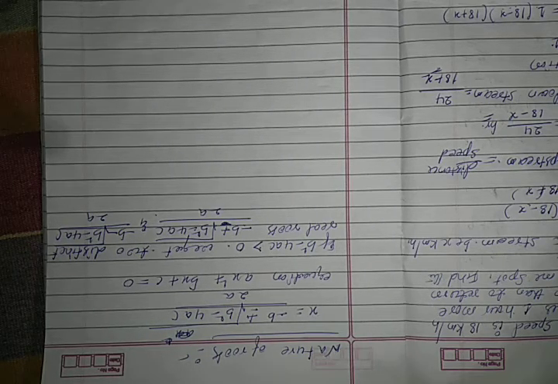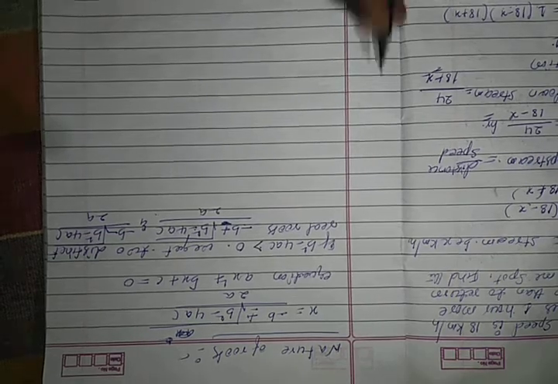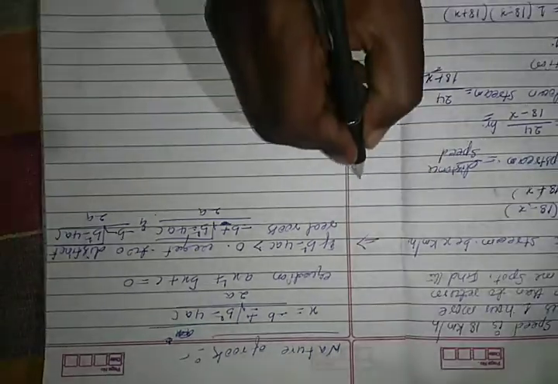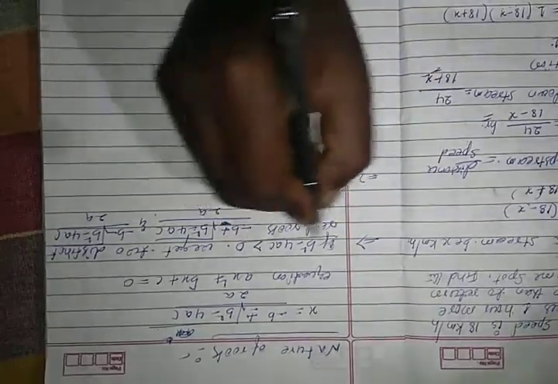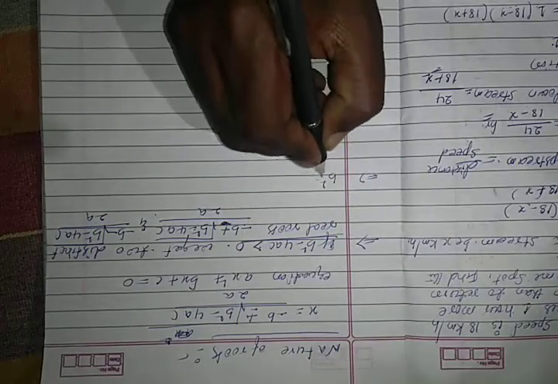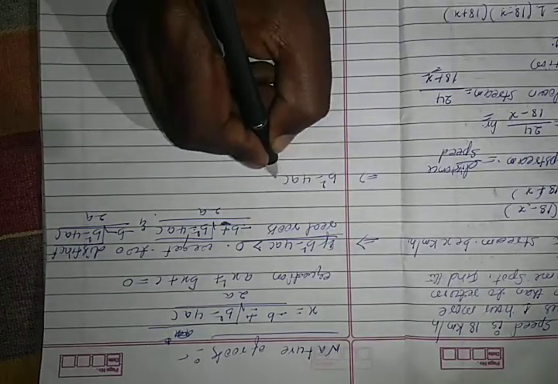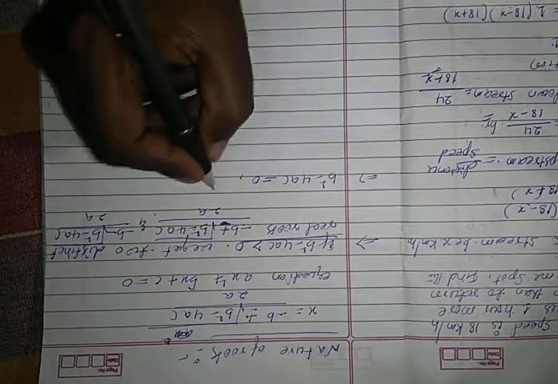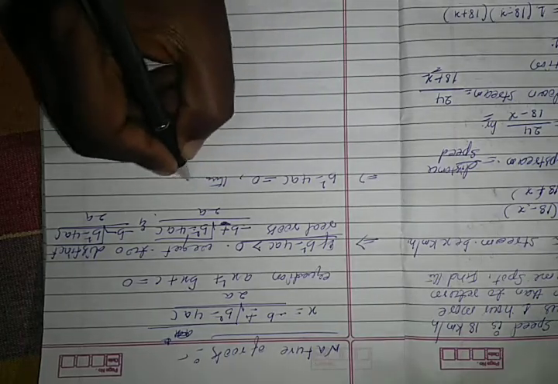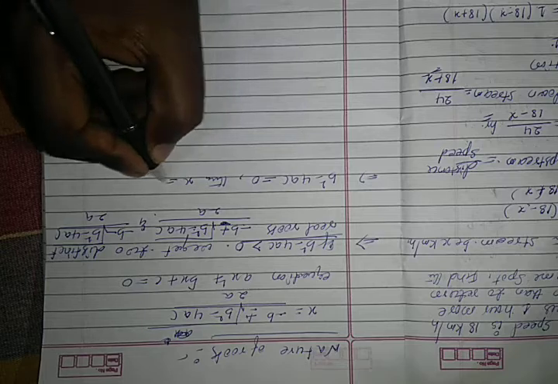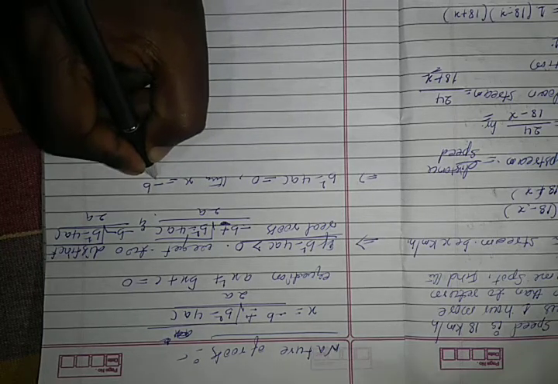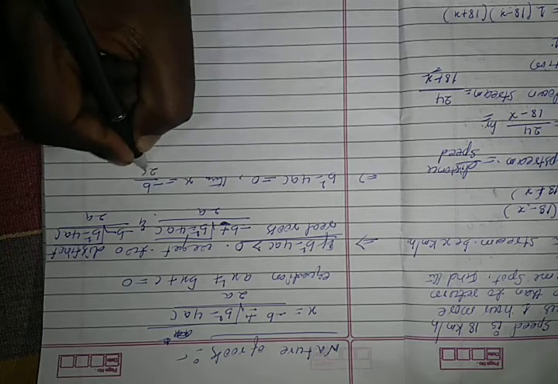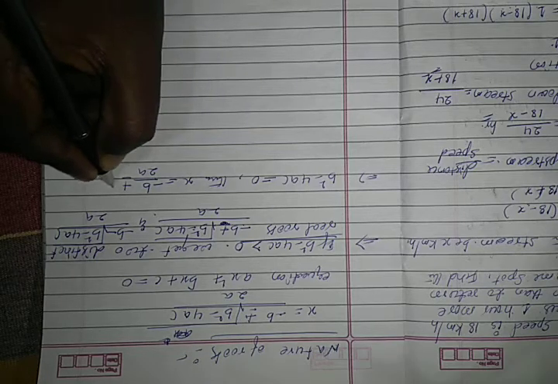This is the first one, and then the second one, very important. This one is b square minus 4ac exactly equal to 0. Then x is equal to minus b divided by 2a plus or minus 0.